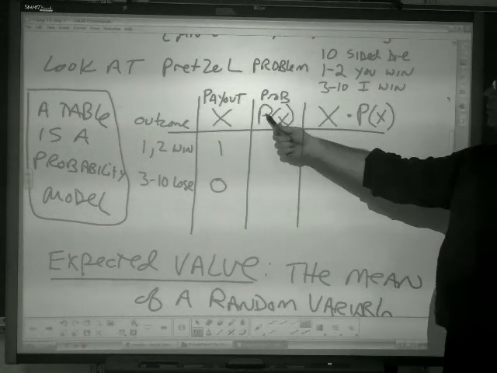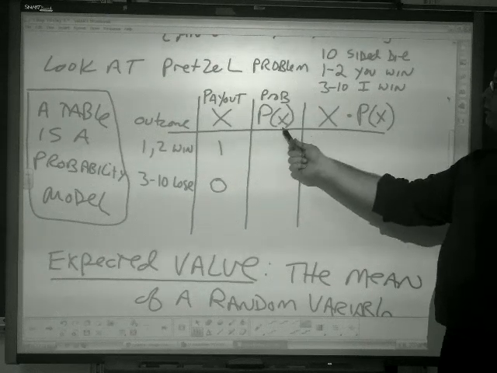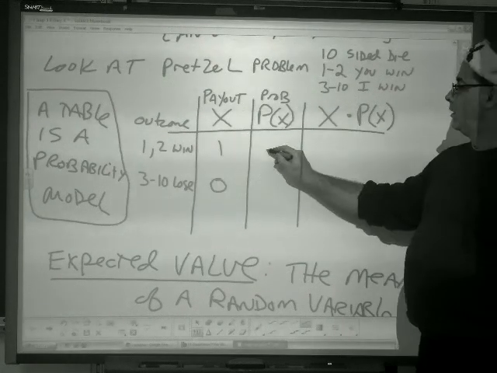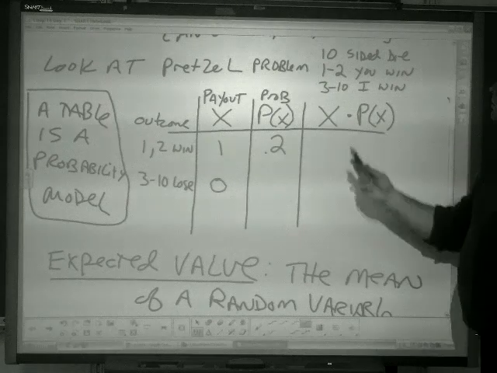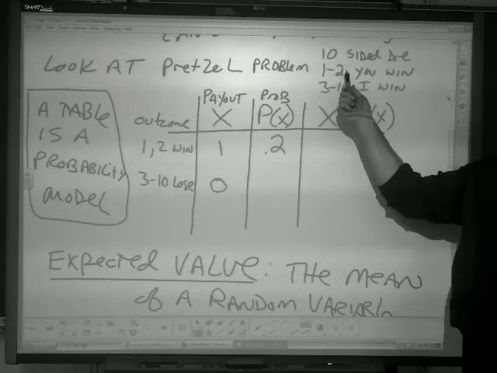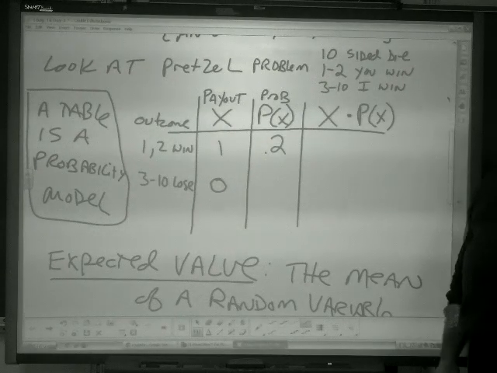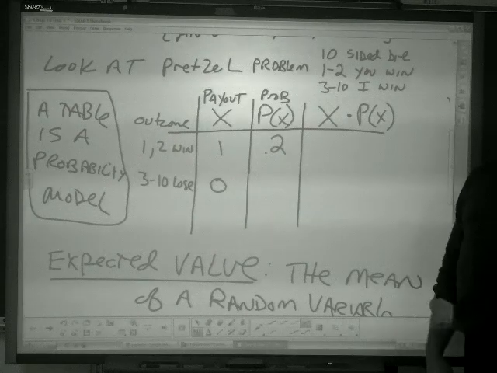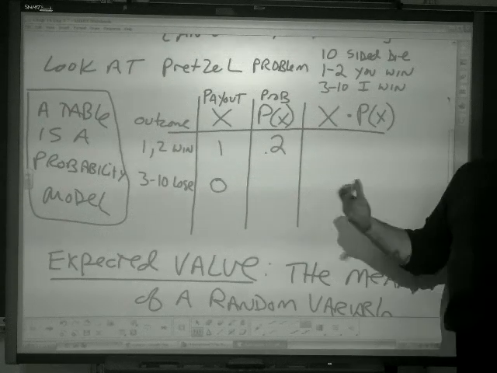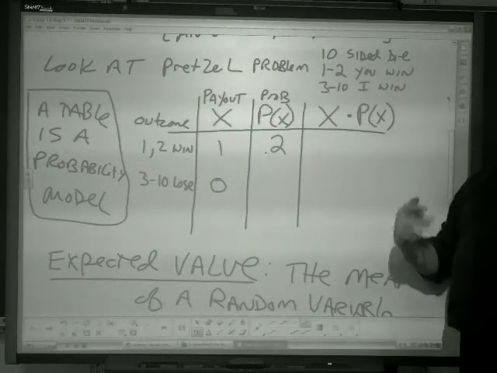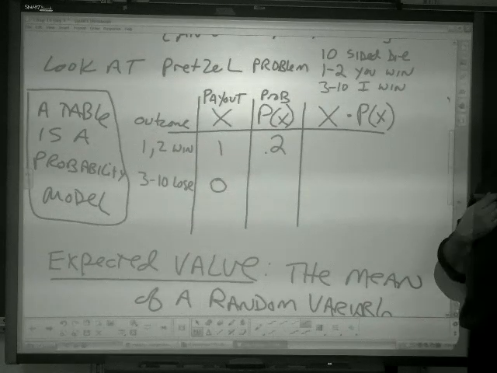Now, the probability of you winning was 0.2, if we did a 10-sided die and you won on the numbers 1 and 2. I think we did maybe 50% or 60% in class, but all classes were different. So I'm just going to choose 1, 2, you win. 3 to 10, I win.